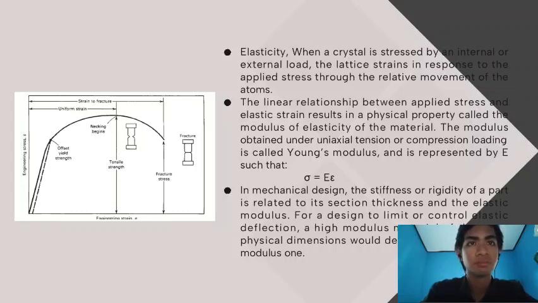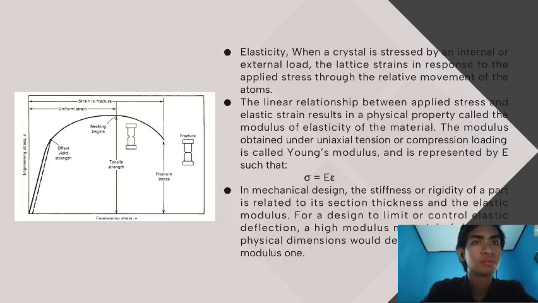When this proviso is met, the strain is elastic, and the amount of strain is directly proportional to the amount of stress placed on the crystal or object. This proportionality is called Hooke's law. The linear relationship between applied stress and elastic strain results in a physical property called the modulus of elasticity of the material.